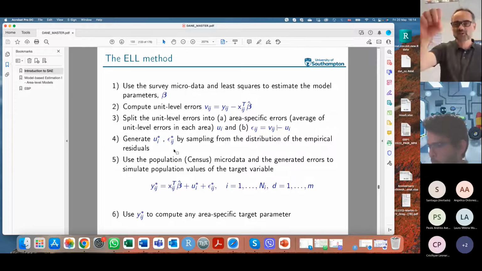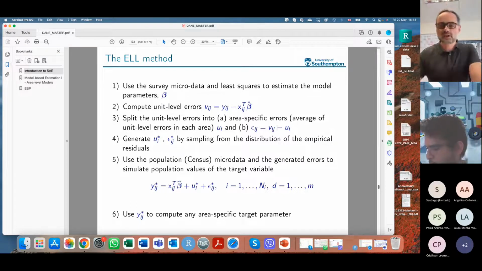And once these have been sampled, then you say that the value of my income, okay, or expenditure, the value of Yij star in the population is equal to Xij beta hat, okay, plus Ui star plus the epsilon ij star.